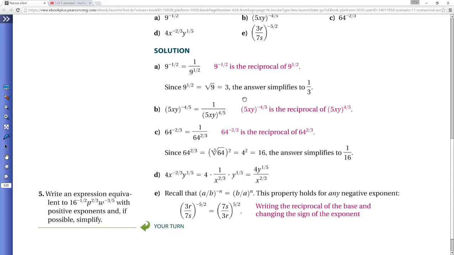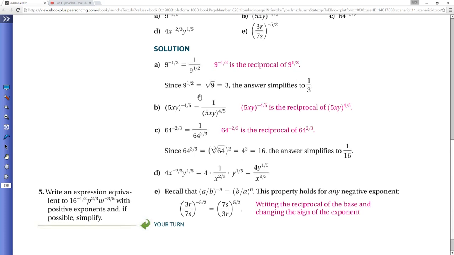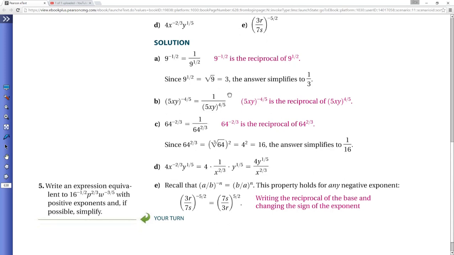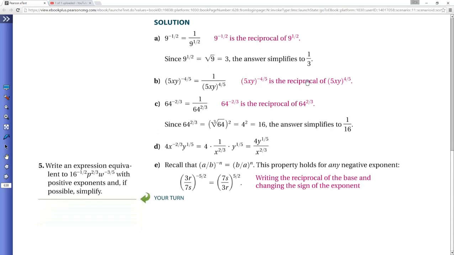Okay? Since 9 to the 1/2 power is equal to the square root of 9, which is equal to 3, the simplified answer would be 1/3. Okay? Notice that they are reciprocals of each other. Okay? And they talk about that again.